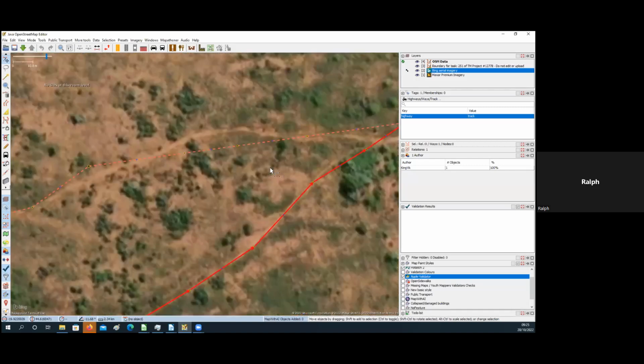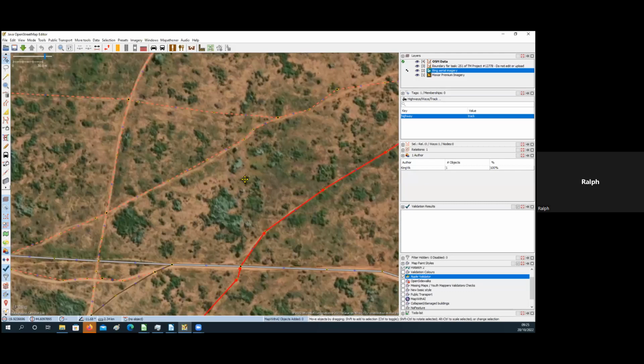Now I'm going to zoom out because I want you to look at this. One of the problems you are still having is deciding what is and what isn't a track.